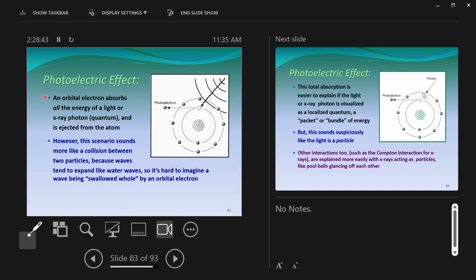An orbiting electron can absorb all of the energy from a light photon. We call these light photons quanta. A single one is a quantum. Many of them are many quanta. And when it does that, the electron gets ejected from the atom.